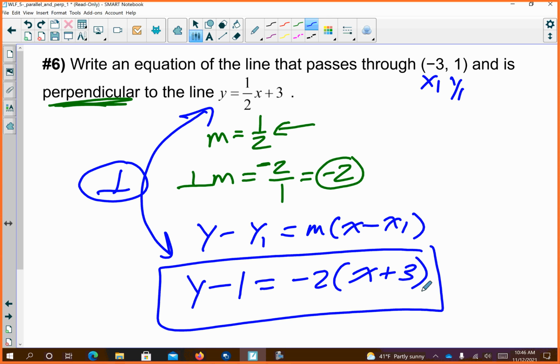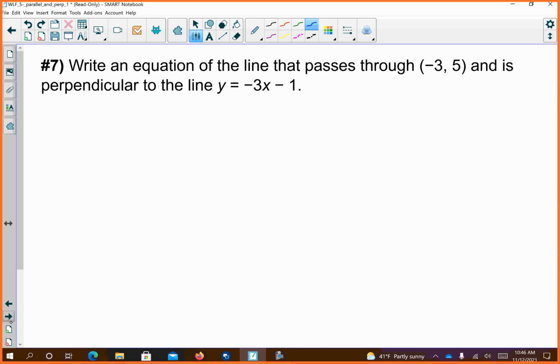Oh, wow. We have, let's see, 7. Write an equation that passes through negative 3, 5, and it's perpendicular to this. So what's my slope of this line? What's my slope of this? Negative 3. It's also the same as negative 3 over 1. Perpendicular is going to be 1/3.